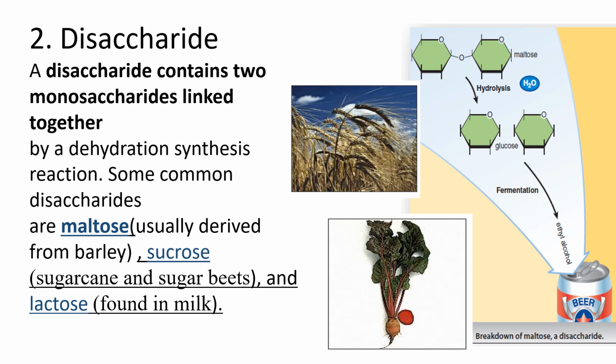Okay, so just like earlier, we're going to create a mnemonic for better retention. The three types of disaccharides are M for maltose, S for sucrose, and L for lactose.